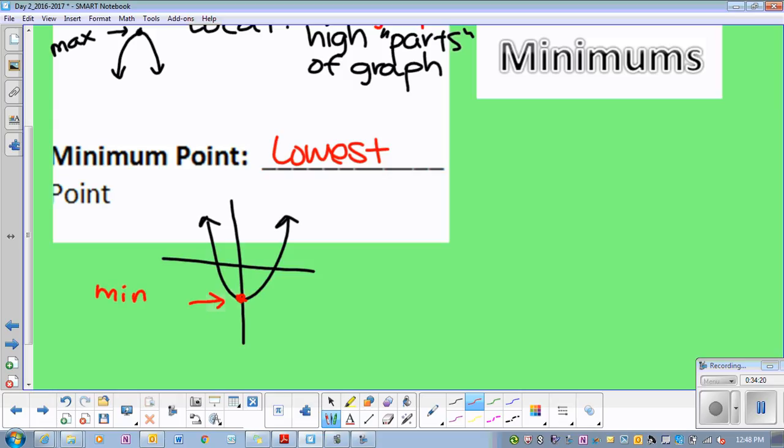Down in the valley versus top of the mountain. Are there any other small or high pieces to this graph, like hills or valleys? No. So this one would be your absolute minimum.